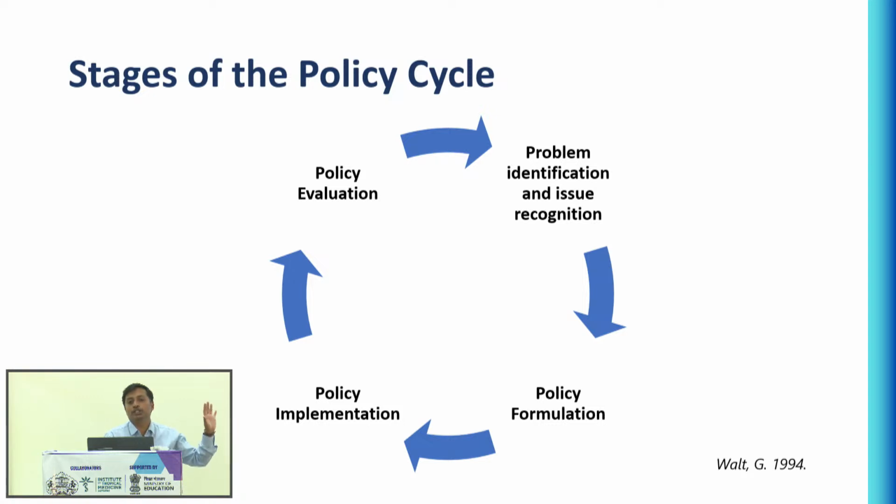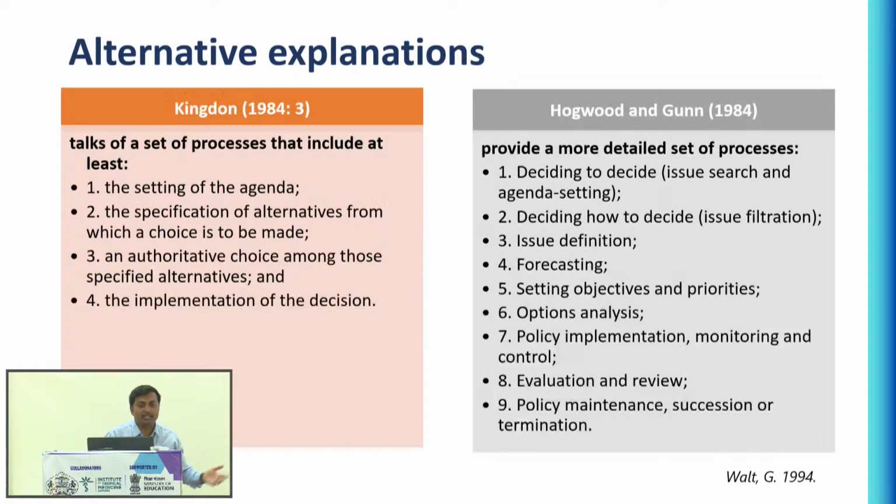This is the most simplistic form of the policy cycle, but there are alternative explanations. Kingdon will talk in terms of the setting of the agenda, then the specification of alternatives from which a choice is to be made, an authoritative choice among those specified alternatives, and the implementation of the decision. While on the other hand, Hogwood and Gunn would give us a list of 9 different steps which they would think of as the policy cycle.